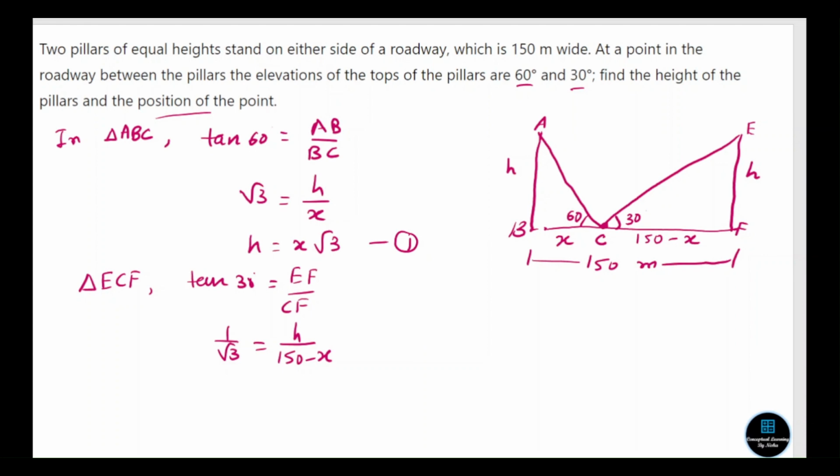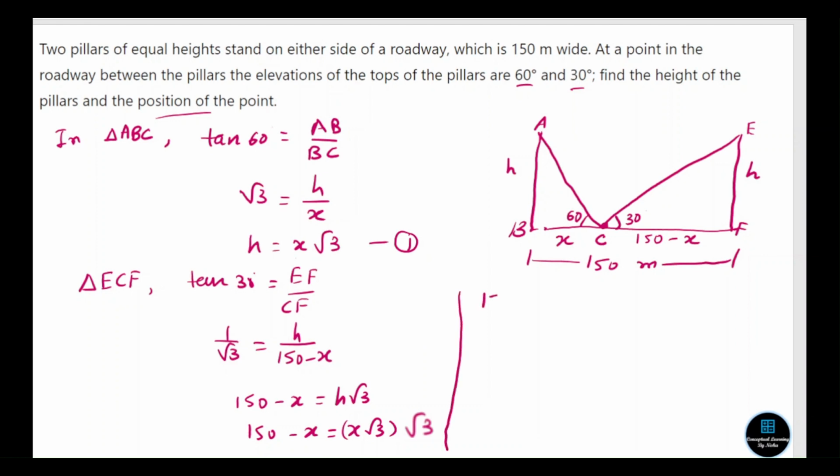So 150 minus X equals H root 3, correct? And then if I substitute H as X root 3, we get 150 minus X equals X times root 3 into root 3. So I'll get 3X.